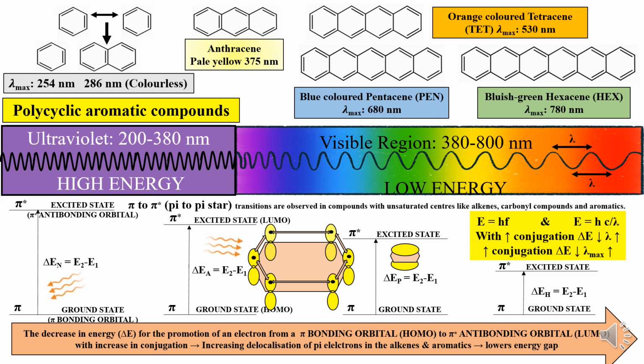Now frequency is equal to c by lambda, where c represents the velocity of light and lambda the wavelength of the electromagnetic radiation. So energy can also be represented as hc by lambda. In this second equation, you can see that the energy of the electromagnetic radiation is inversely proportional to the wavelength of the radiation.